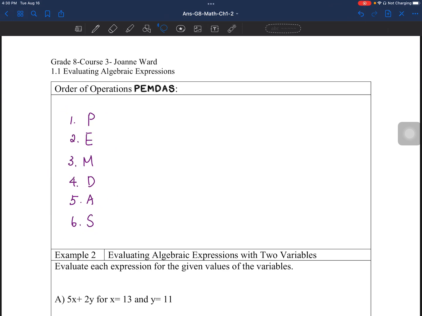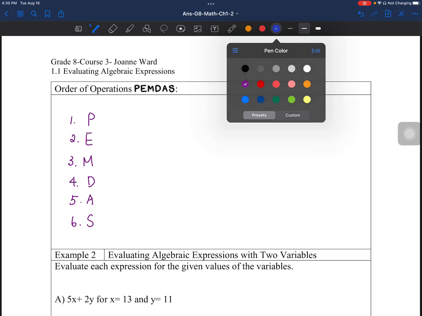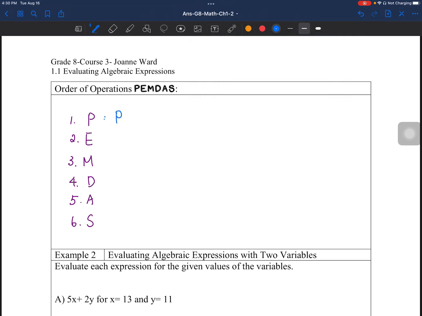P stands for parenthesis, so parenthesis goes first.